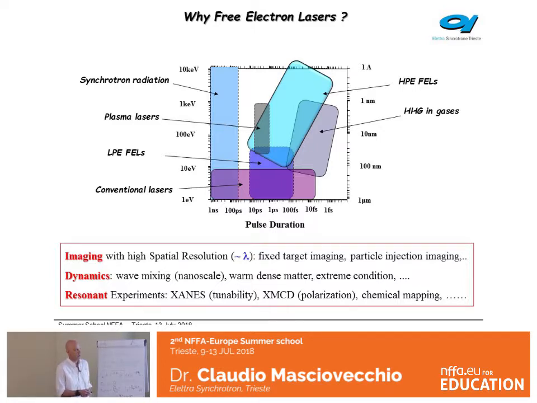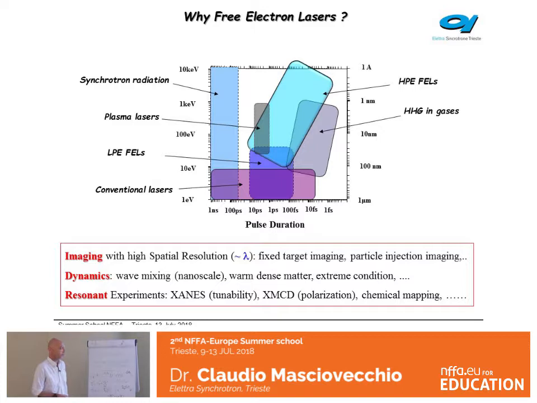So many orders of magnitude. And then free electron lasers can cover a much shorter wavelength region. This is important because the wavelength is basically giving you the resolution of your measurements, okay? And we will see in a few slides the importance of measuring at short wavelength.